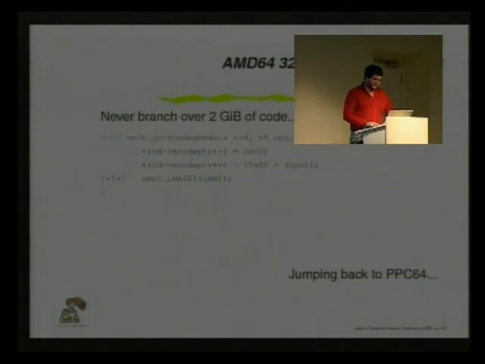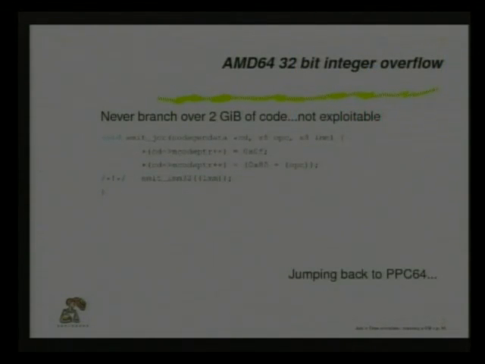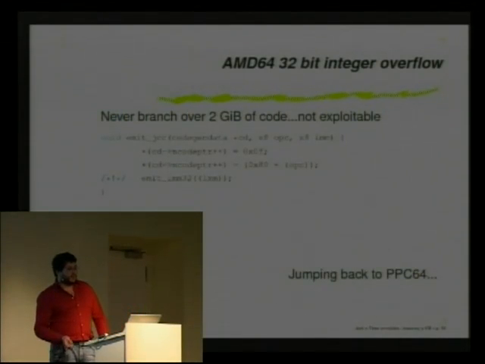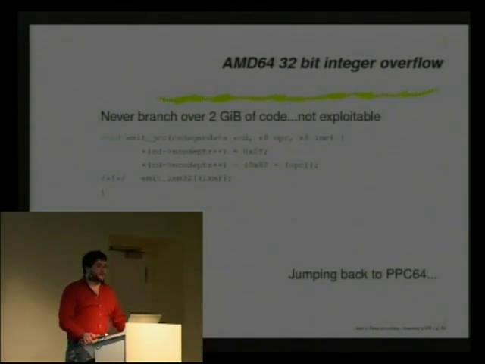But we found more. On AMD64, we found another 32-bit integer overflow. This time, the argument of a conditional branch, which gets generated by the function emit GCC. In the last line, you see the branching offset is just a 32-bit value. But it is again a 64-bit machine, so here a truncation happens and we again have an integer overflow. But again, it is not exploitable because no method is larger than 2 gigabytes of instructions; in class files they are much smaller already.